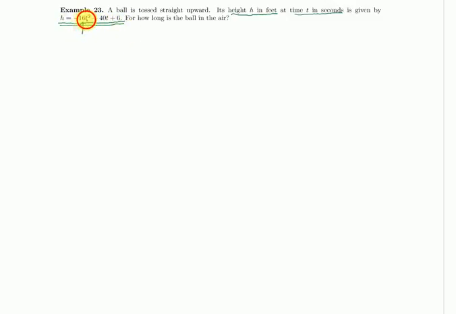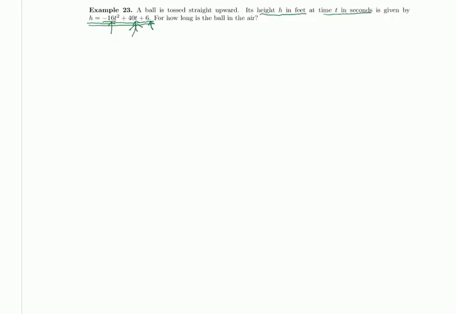I already mentioned that negative 16 is just fixed, but everything else depends on the initial velocity and initial height. So if they don't give us any information about it, we can guess that the initial height of the ball is 6 feet above the ground, and 40 means the initial velocity is 40 feet per second.